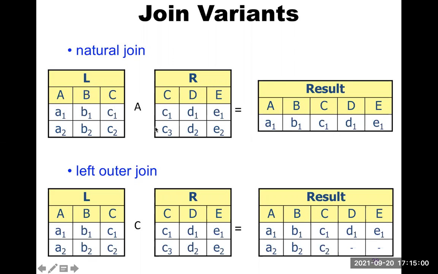So here it is. C2, we don't have C2 here. So there is no record to the right to merge or to glue to this part. C3 here, nothing to the left. So the only answer in the result is this record, and all other values have no equivalent value on the other side.